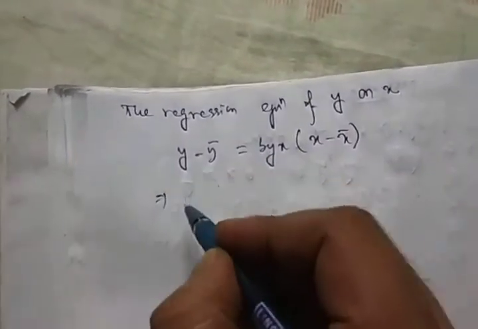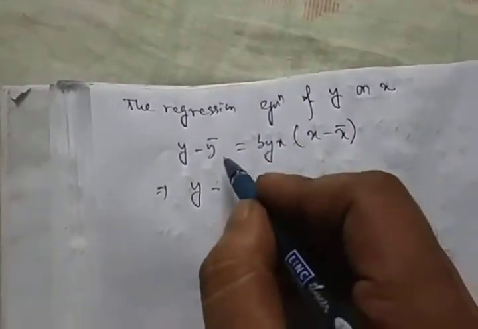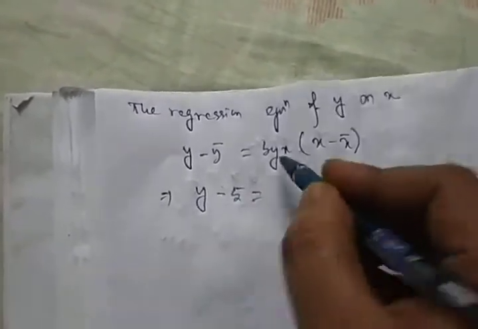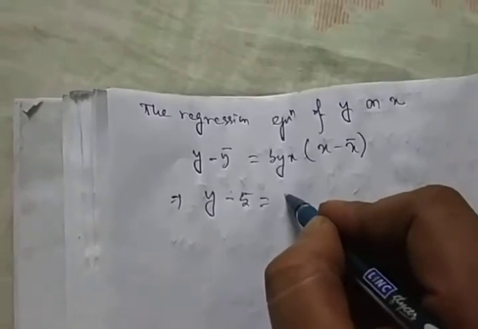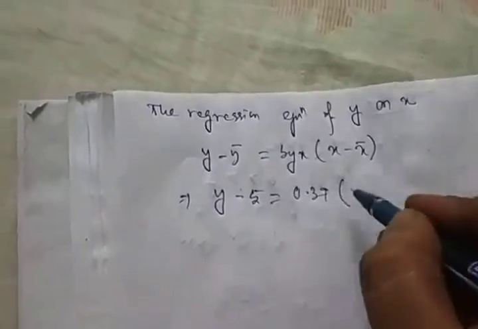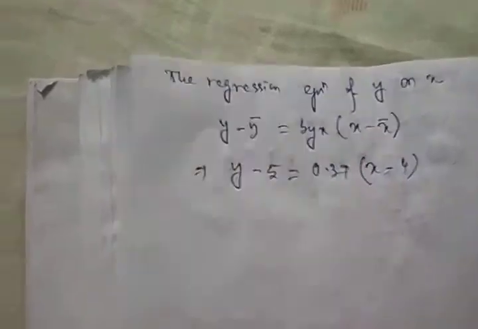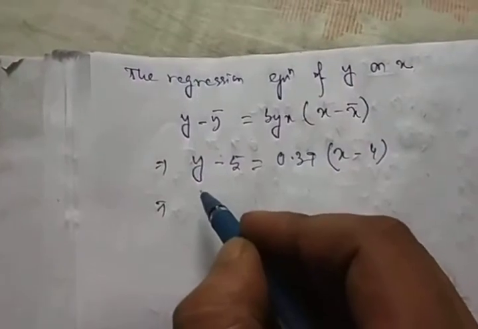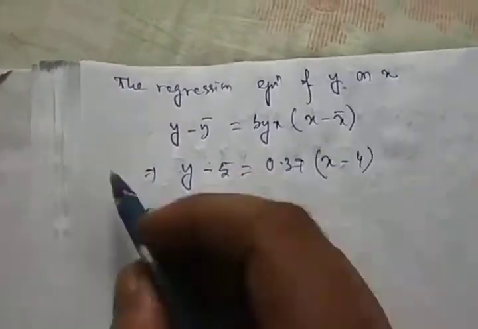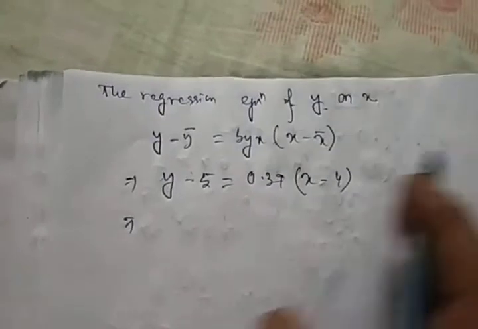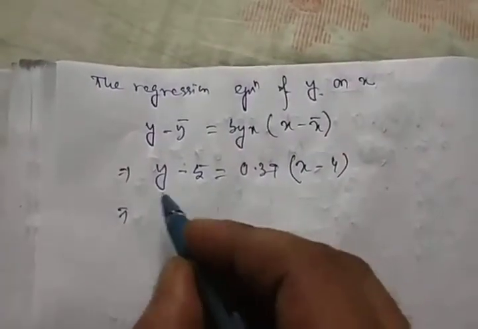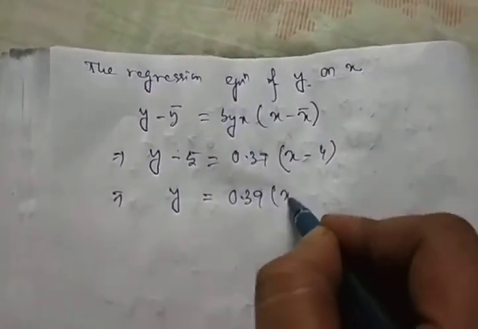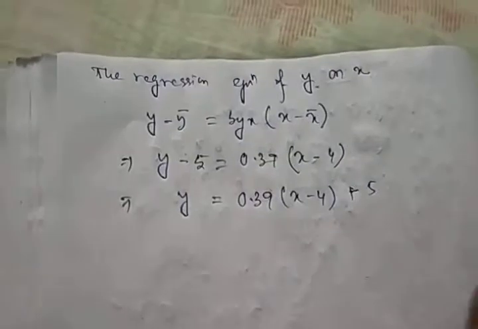So y bar we get 5, and byx we get 0.39, into x minus x bar, which is 4. As this is the equation of y on x, we will use the formula of the form y equals 0.39 into x minus 4, plus 5.